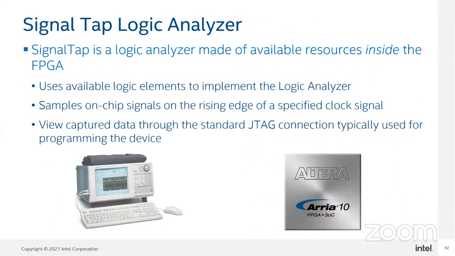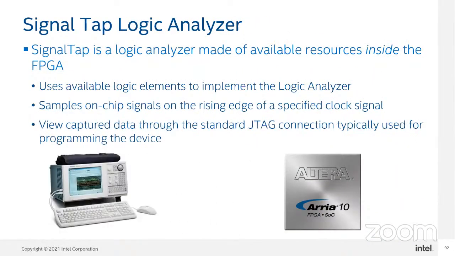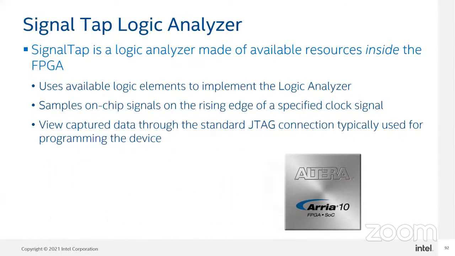Now you can see that the entire logic analyzer is built inside the FPGA. Signal Tap is a logic analyzer made of available resources inside the FPGA. The greatest advantage is that it uses the resources present inside the FPGA.